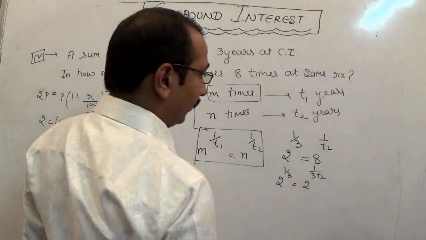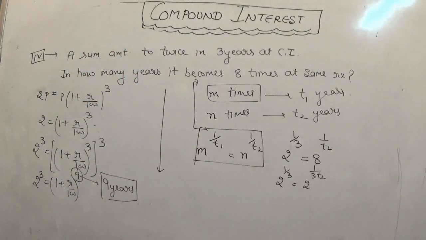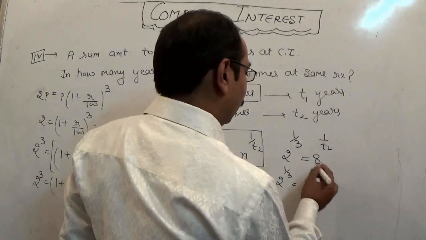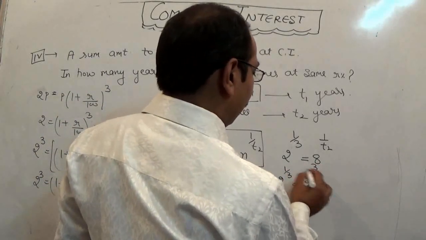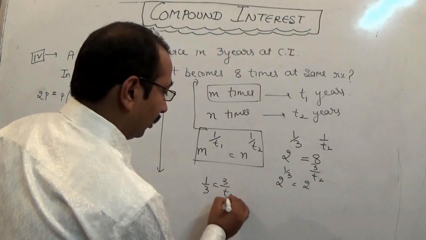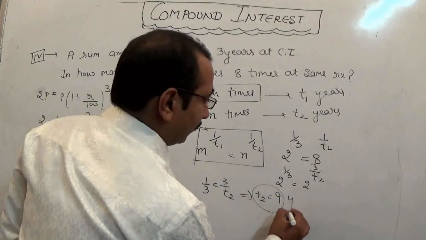Now just solve it. I make 8 as 2 cube, so 1 by 3 equals 3 by t2, or t2 equals 9. That 9 years becomes my answer.